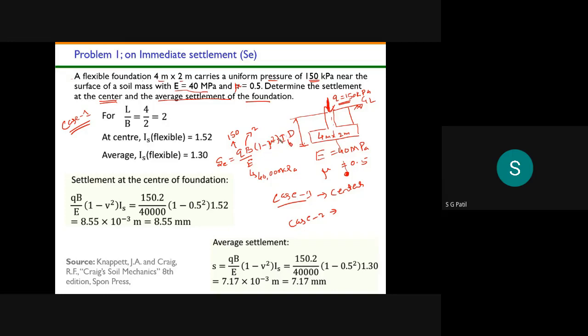So the influence factor IF is there. This influence factor is a function of the L by B ratio. This is a rectangular footing, and my L by B ratio is 2.